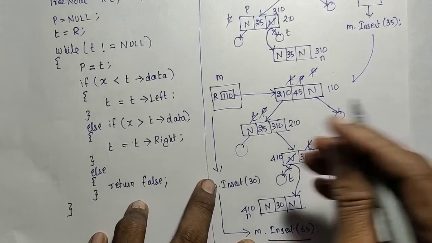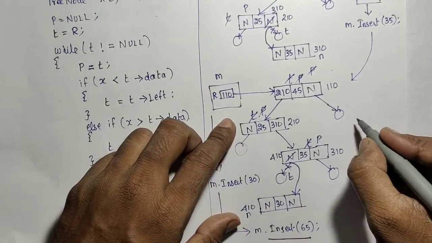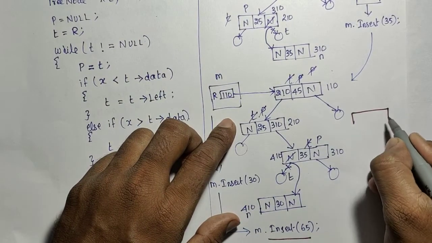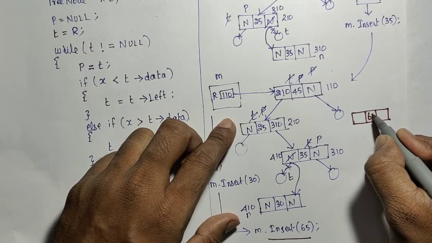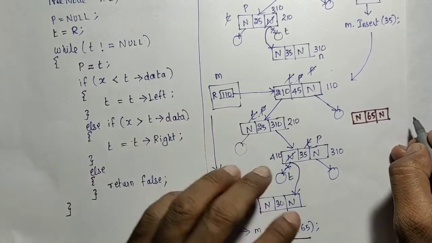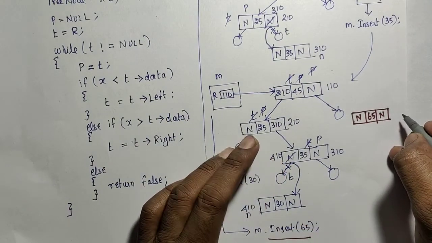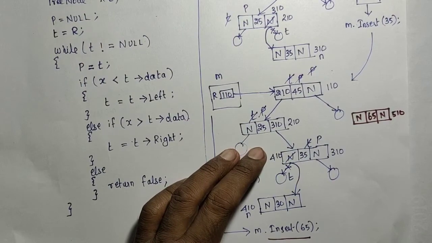The new node will be created. Say it is 65 and this will be null. Say that address is 510. This is the new node.